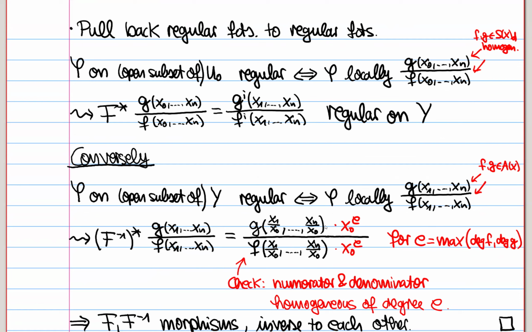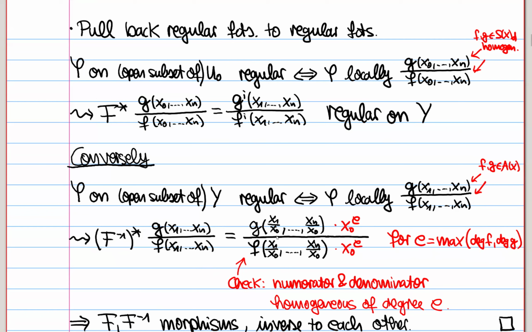Now we want to write this as the quotient of two homogeneous polynomials. A priori, these would be rational functions, and so we have to clear their denominators. We can do this just by multiplying by the same sufficiently large power of x0. So we can take x0 to the e, where e is the maximum of the degrees of f and g. This suffices.